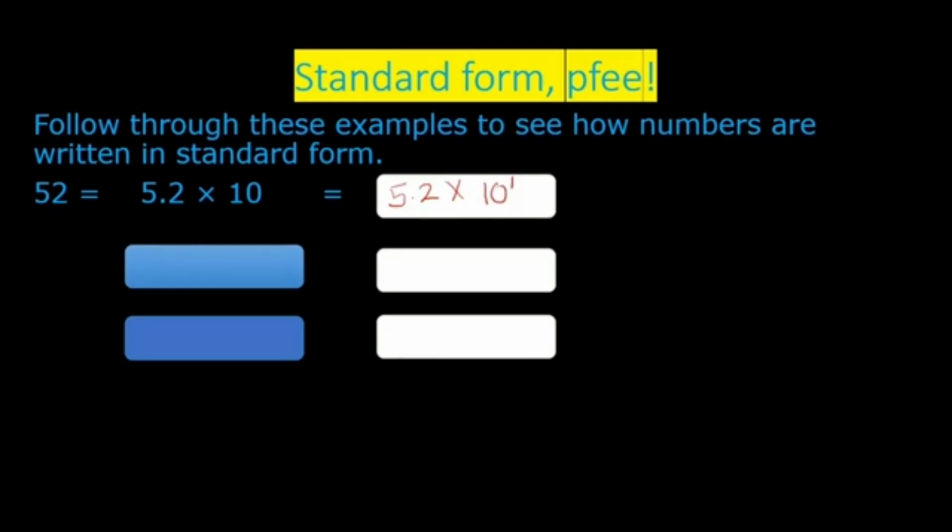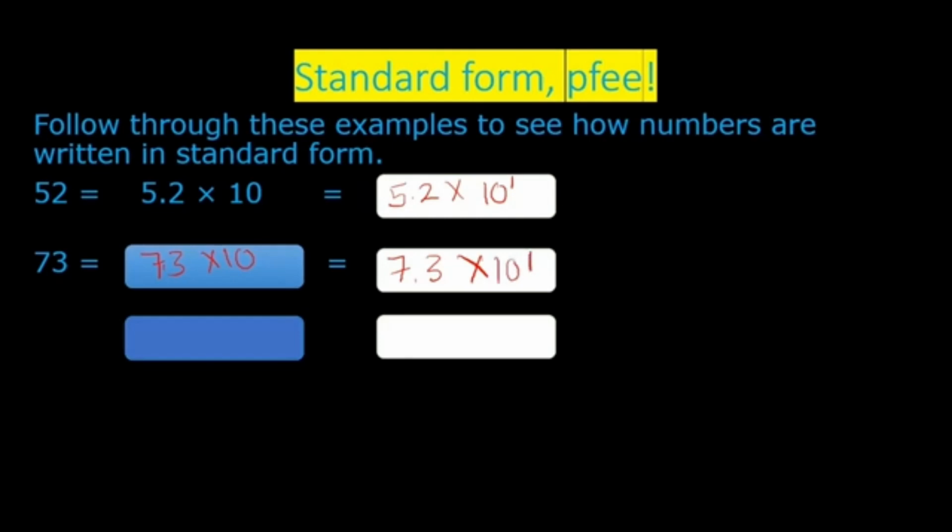That's simple enough, right? Let's try another one. 73, using the same method, can be written as 7.3 times 10. Since this number is between 1 and 10, it satisfies the notation, and hence it will be 7.3 times 10 to the power 1.